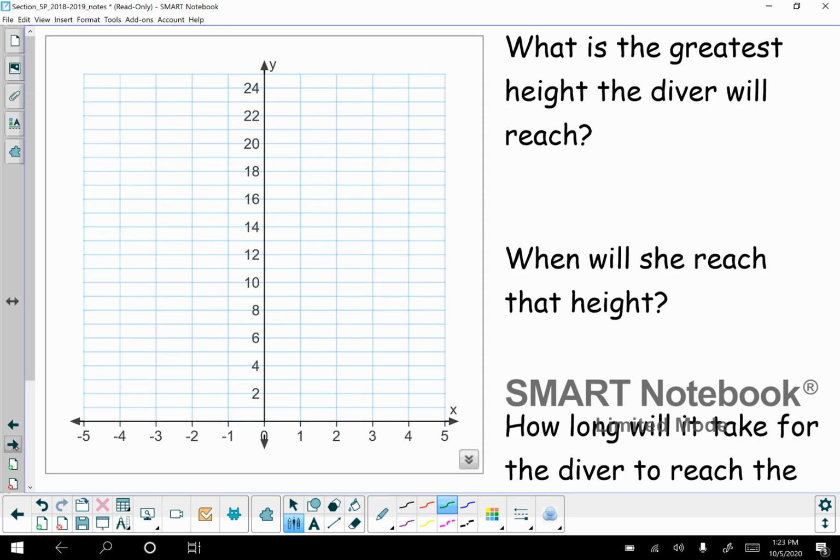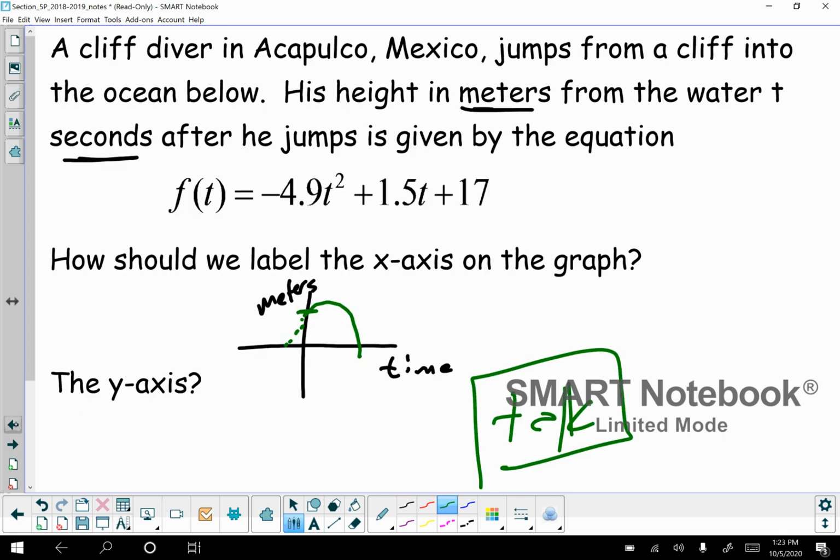What is the greatest height the diver will reach? Will he reach the ground? Okay, so let's go back to the equation. Negative b over 2a. So I have negative 1.5 over 2 times negative 4.9. If we use a calculator on that, let me grab one real quick.